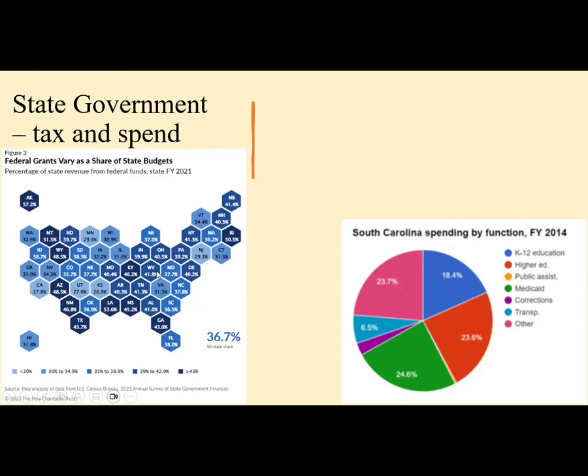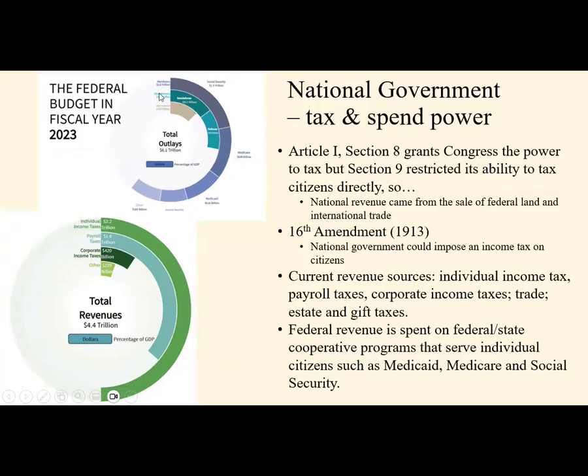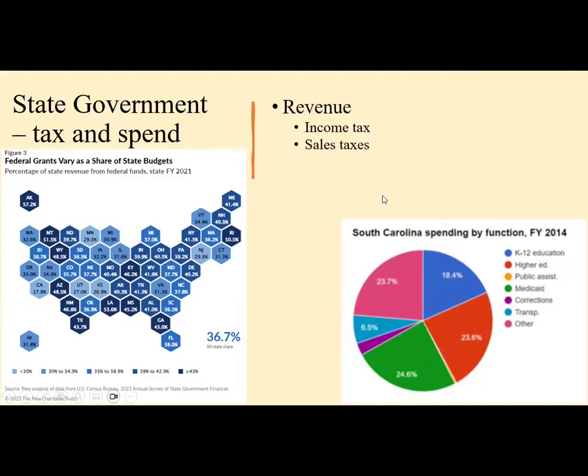So this money that we pay into our national government here, a good portion of it is spent on these, I refer to them as cooperative programs. These are grant programs where the national government gives this money to the states, and then the states go about implementing the program and spending the money.